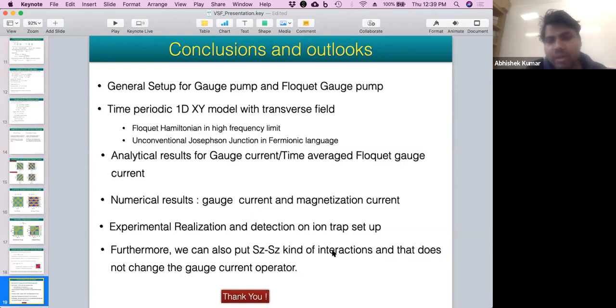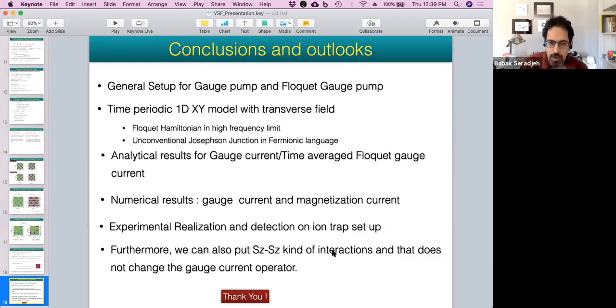So no matter, you can take it long range. It doesn't matter, at least up to the operator term, if you just look at the gauge current operator. The gauge operator doesn't change. So you're saying that with a system that has even long range SGSG interaction, it's still the magnetization current that will give you the gauge current.